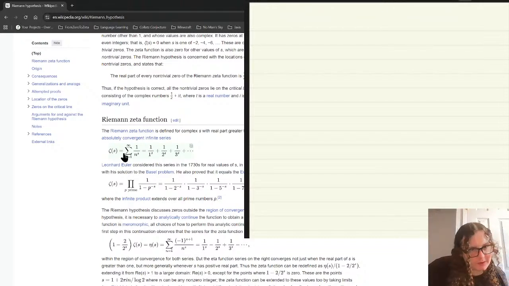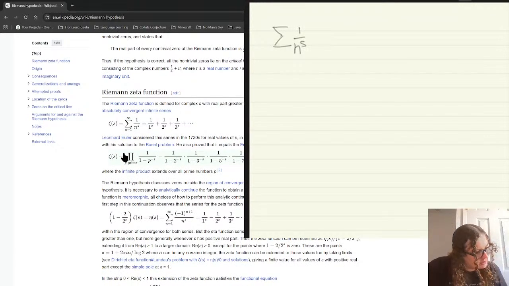So the zeta function is the sum of 1 over n to the s, as n goes to infinity. And this is the zeta function.